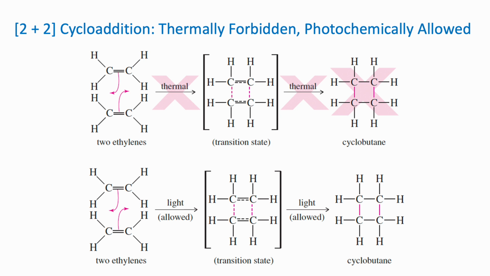I could ask you, is a 4 plus 4 cycloaddition thermally forbidden or thermally allowed? And the way that you would answer that question is by going through the same analysis that we've just done by creating the molecular orbital diagram. And we do that by first figuring out how many molecular orbitals there are.